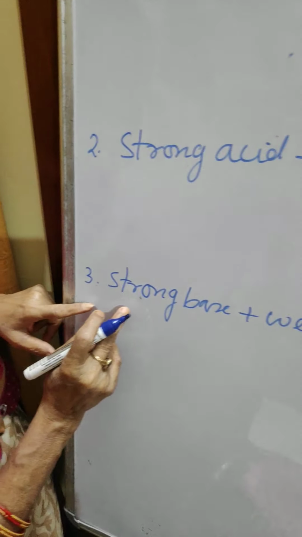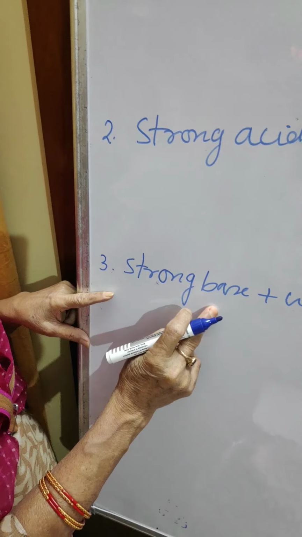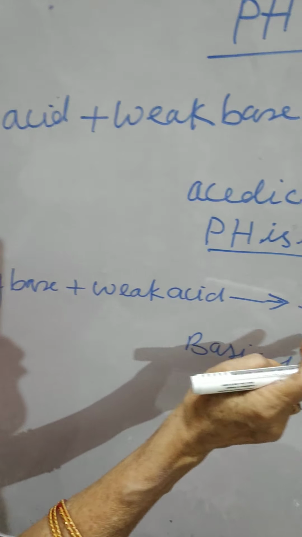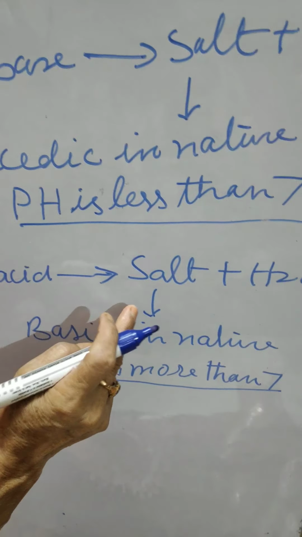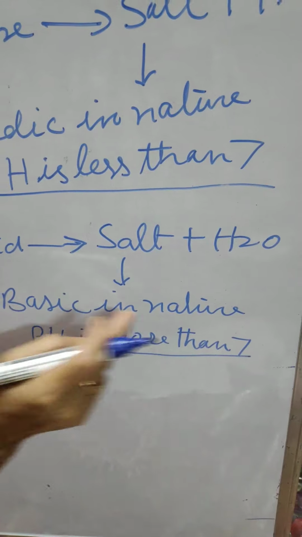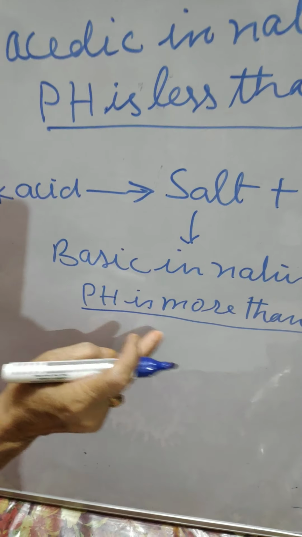Here you see the strong base. When the strong base reacts with the weak acid, it forms salt and water, and the nature of this salt is basic and the pH is more than 7.